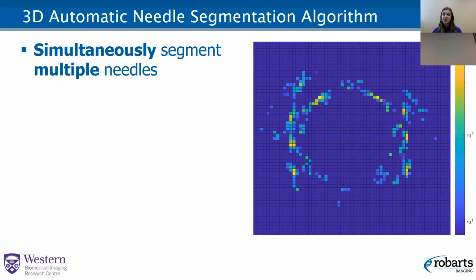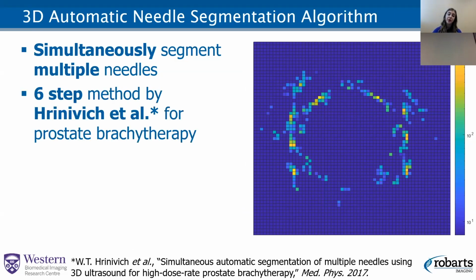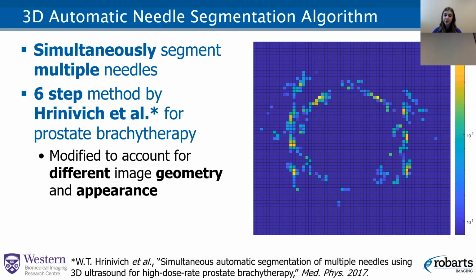However, we also wanted to be able to simultaneously segment multiple needles to allow for an overall assessment of the interstitial implant while our clinicians were still in the operating room and still had the ability to modify the needle positions. And so we implemented this using a 6-step method that was originally developed by Hrinivich et al. for prostate brachytherapy. And we modified this approach to account for the differences in the image geometry and the appearance of the needles in gynecologic brachytherapy images.